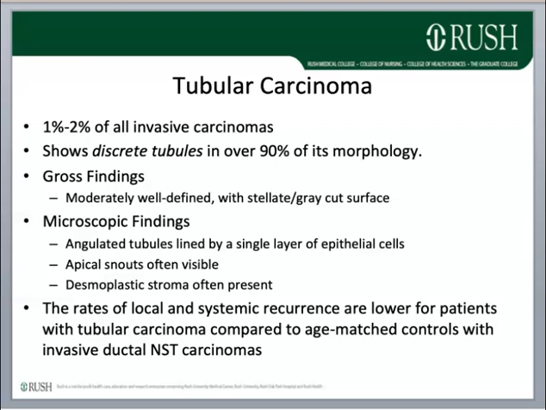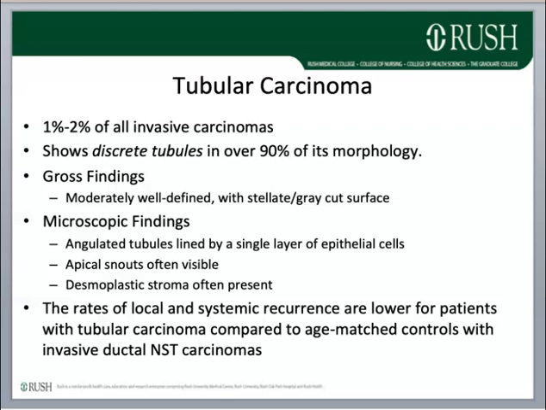By definition, it shows discrete tubules, and also by definition, it has to occur in over 90% of its morphology to be diagnosed as tubular rather than just invasive ductal carcinoma of no special type.